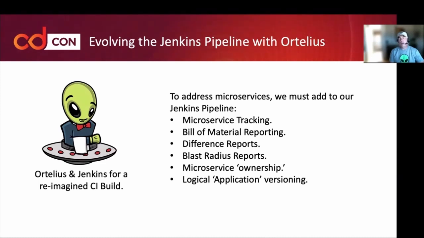Also, we're going to look at the relationships that that service has, not only to other services, but also to the application level. This allows us to do a level of bill of material reporting. We can do that at the individual microservice level, or we can roll up to the logical application view. We can produce difference reports so we can see what's changed between one version of the service and another version. But better yet, we can see what's changed between a version of your application and another one.